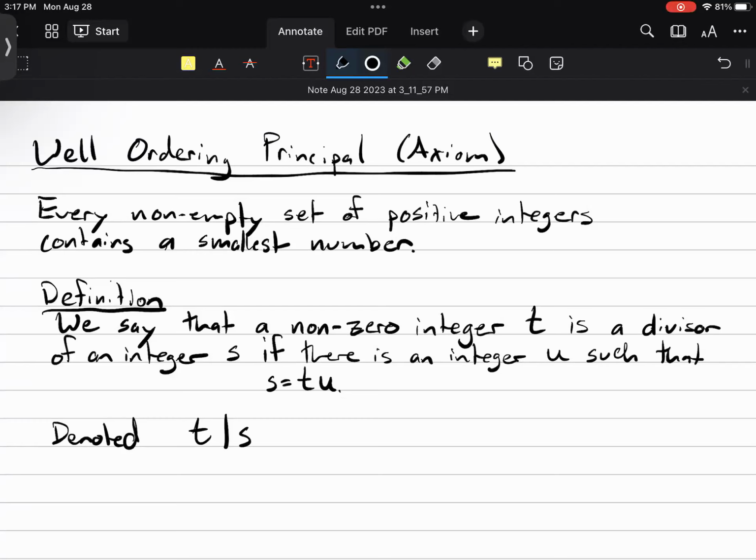And to show that t divides s, or t is a divisor of s, I would just denote that really quickly so we can save a lot of language: t, vertical line, s.